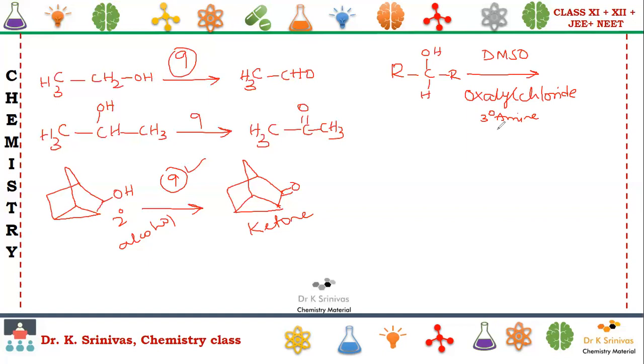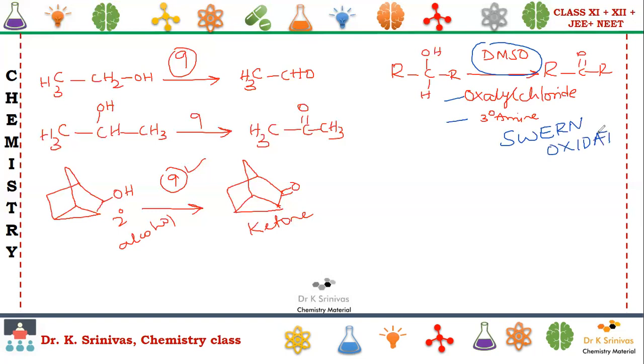Now we are going to see the formation of the ketone. Whenever you are using DMSO in combination with oxalyl chloride and tertiary amine, that is said as Swern oxidation.